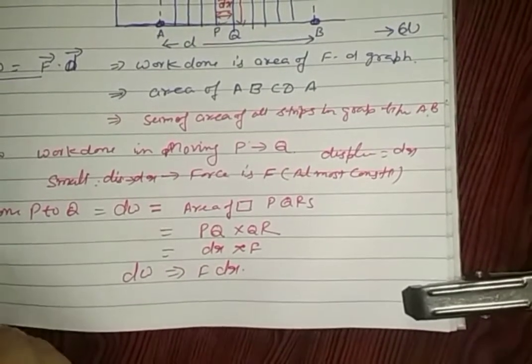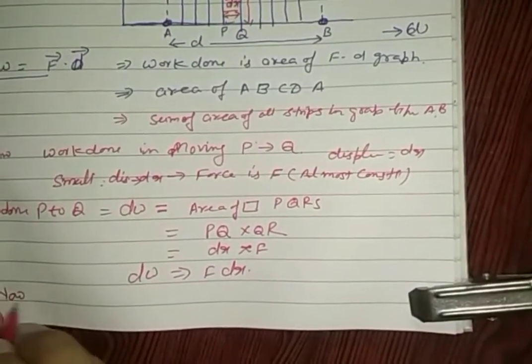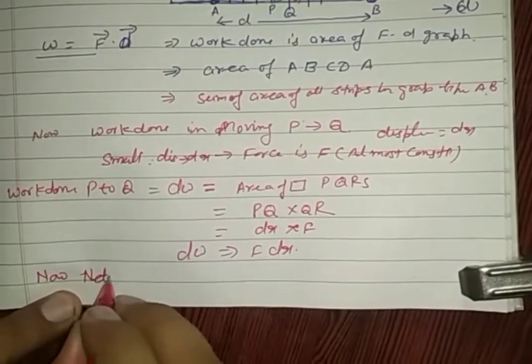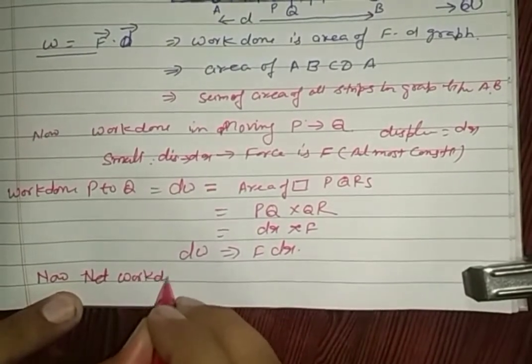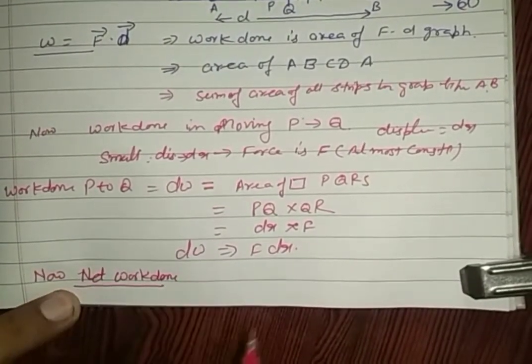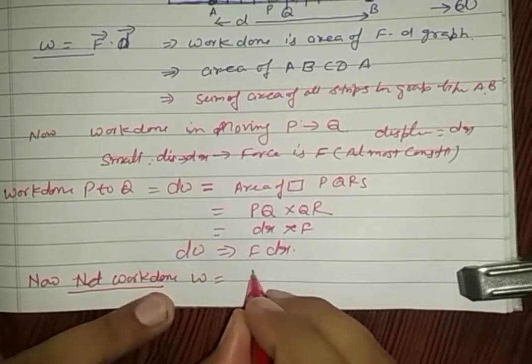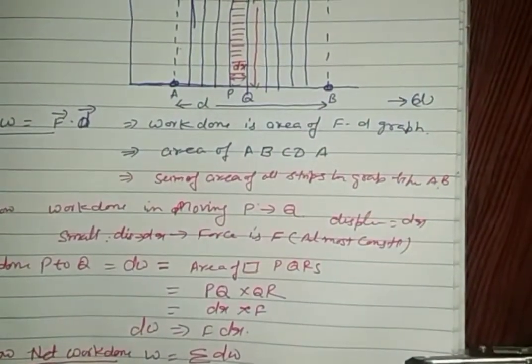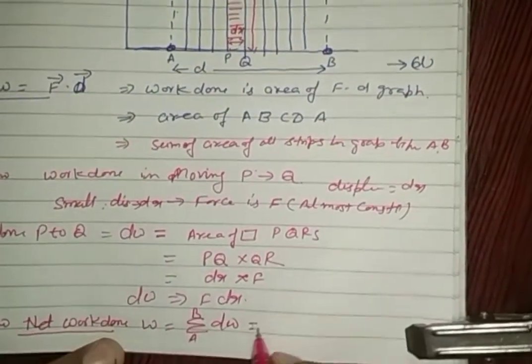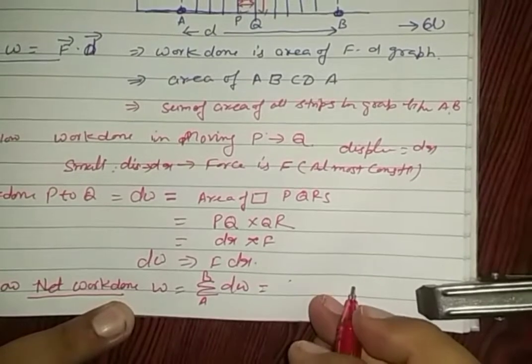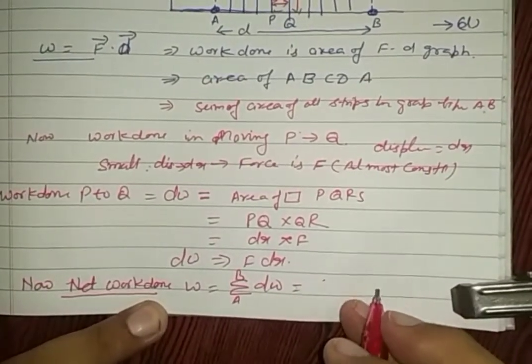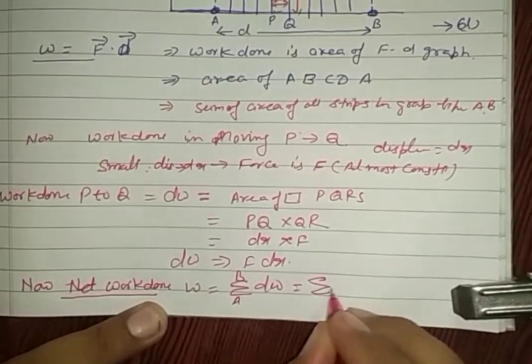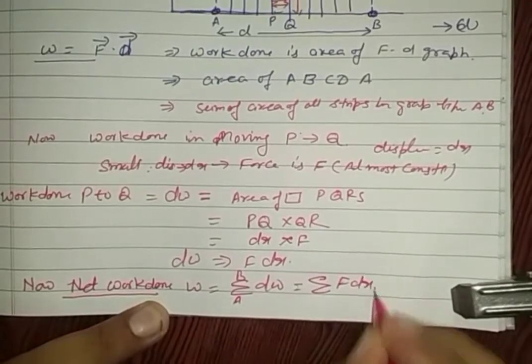Now, the net work done can be written as W. It is the summation of all dW from A to B, that is, the summation of F dx.